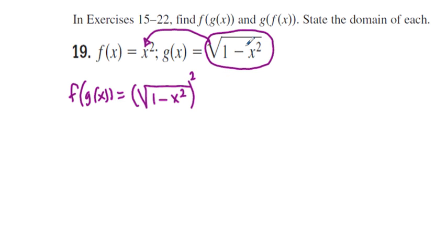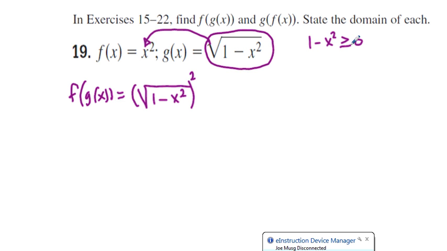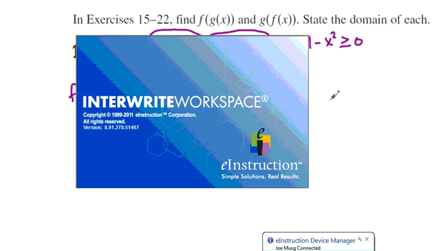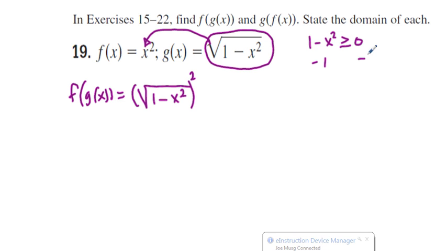Now, I didn't mention it yet, but we have an original domain restriction here, don't we? We know that this 1 minus x squared has to be greater than or equal to 0. If we subtract 1 from both sides of this inequality, we have negative x squared is greater than or equal to negative 1.